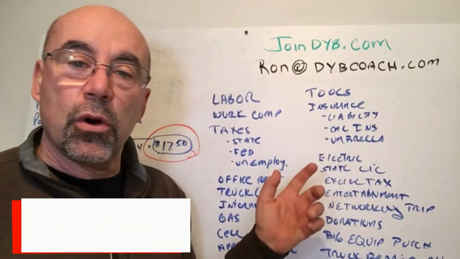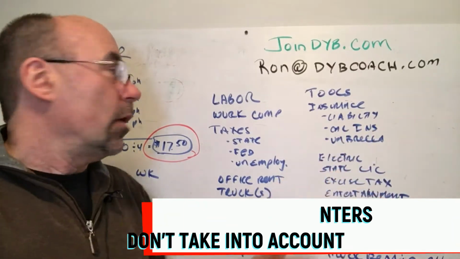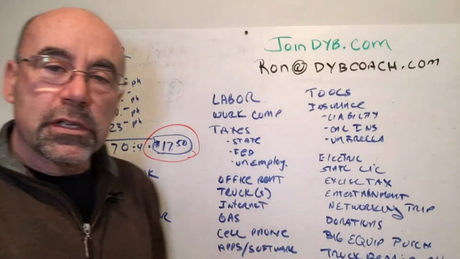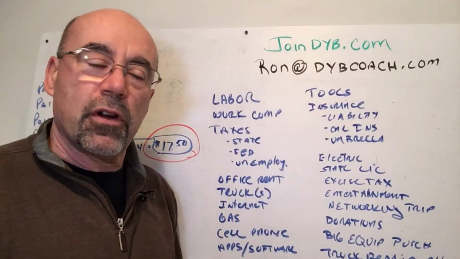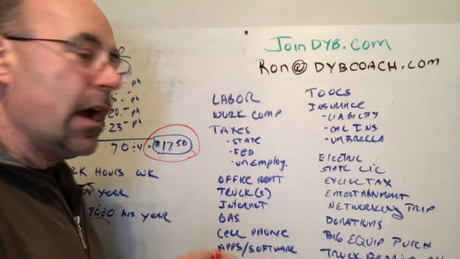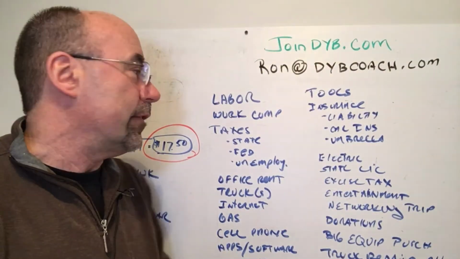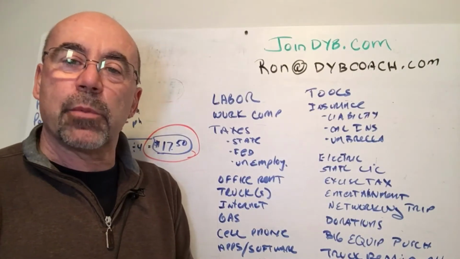Now let's just glance over here at some of the overhead costs. So here we are. Of course our biggest one right here is labor. Labor has got to differ for every single company, but on ours right here, our average labor is $17.50. One of the things that first popped into my head is my workman's comp.